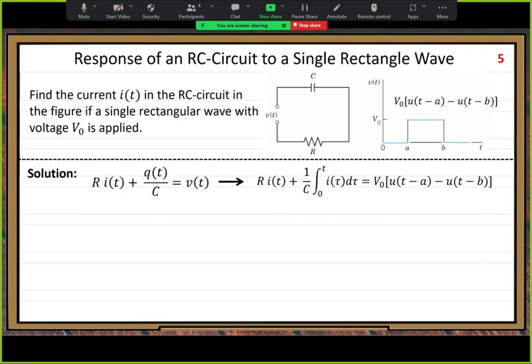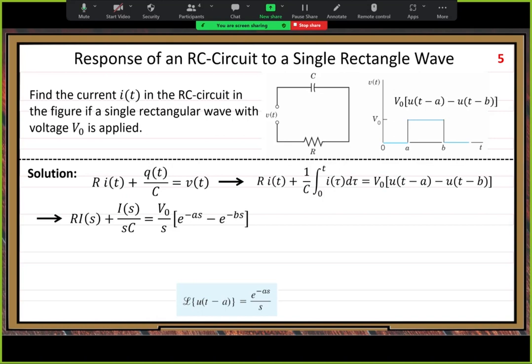Next step. We need to apply the Laplace transform on this equation, both sides. So we need to select the formulas. Because when we apply the Laplace transform on the right-hand side function, we need to know the Laplace transform of the unit step function. This formula we need to put here. Then let's apply the Laplace transform.